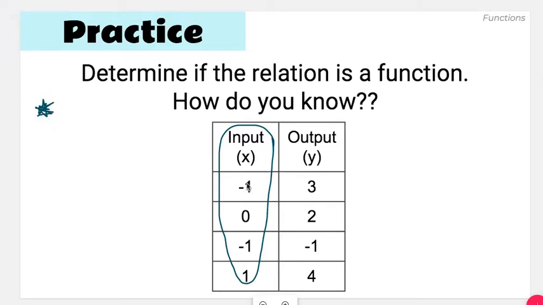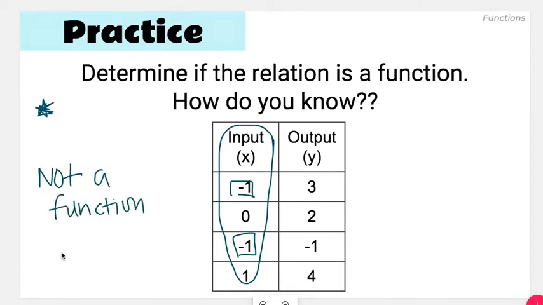Okay, so if we take a look at our inputs, I have a repeater here. Not a function, because x coordinates repeat.